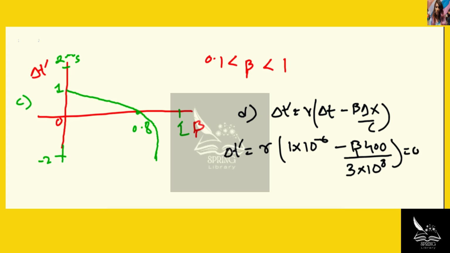This gives us a beta value, which is cΔt/Δx. Substituting the values, we get approximately 0.750.